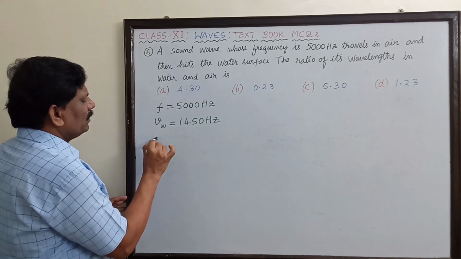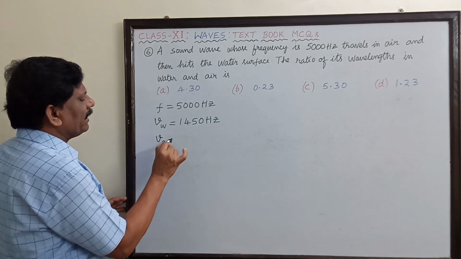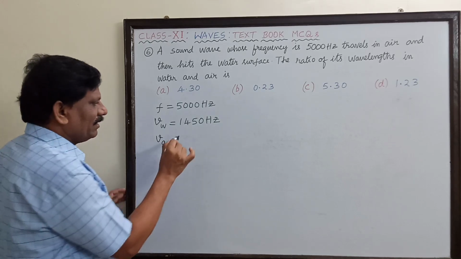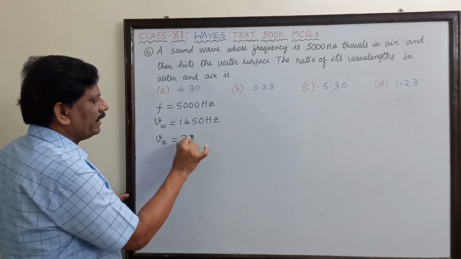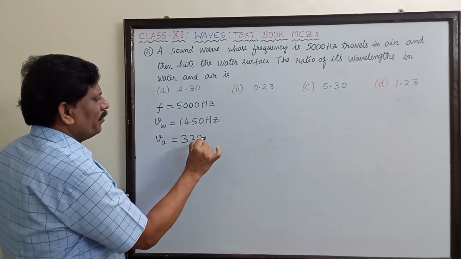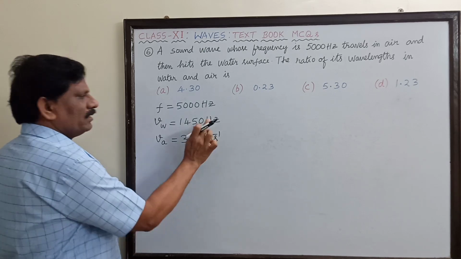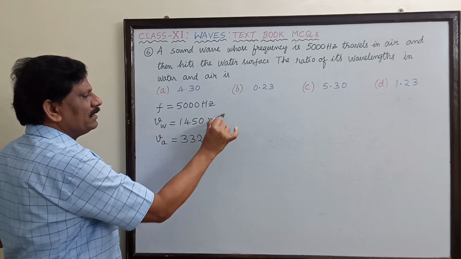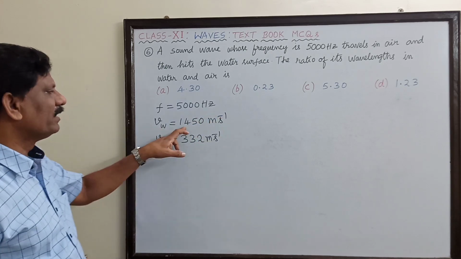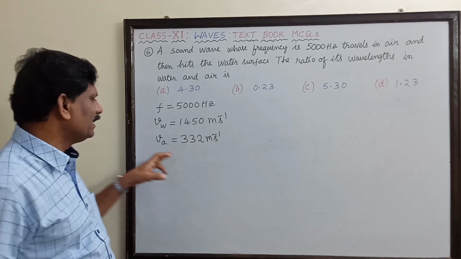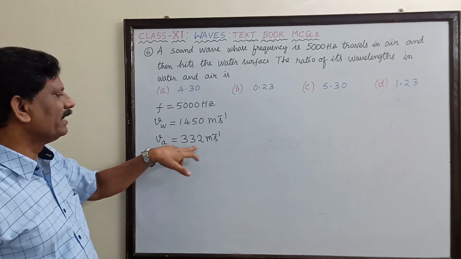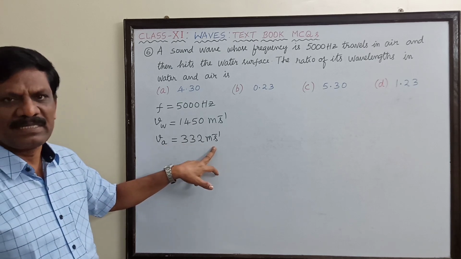Similarly, the velocity of sound in air, the standard value observed by Laplace at 0 degree Celsius, is 332 meters per second. So here also the unit must be what? Meters per second. So the velocity of sound in water is 1450 meter per second, and the standard value of velocity of sound in air is 332 meters per second.